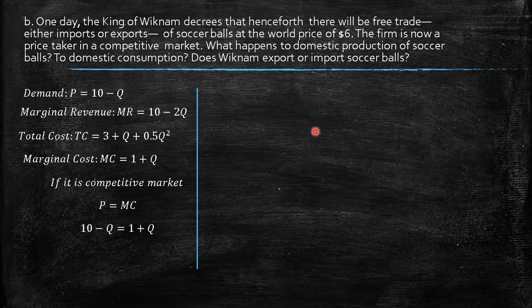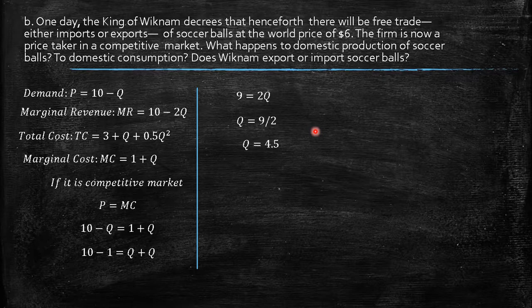Then 10 minus q equals 1 plus q. Remember, it's different to the previous one because previously we had marginal revenue equal to marginal cost. We just collect terms. 1 goes to the left part, q goes to the right part, adding. So we have here 9 equal to 2q, and then q is equal to 9 over 2. Then the quantity is 4.5.